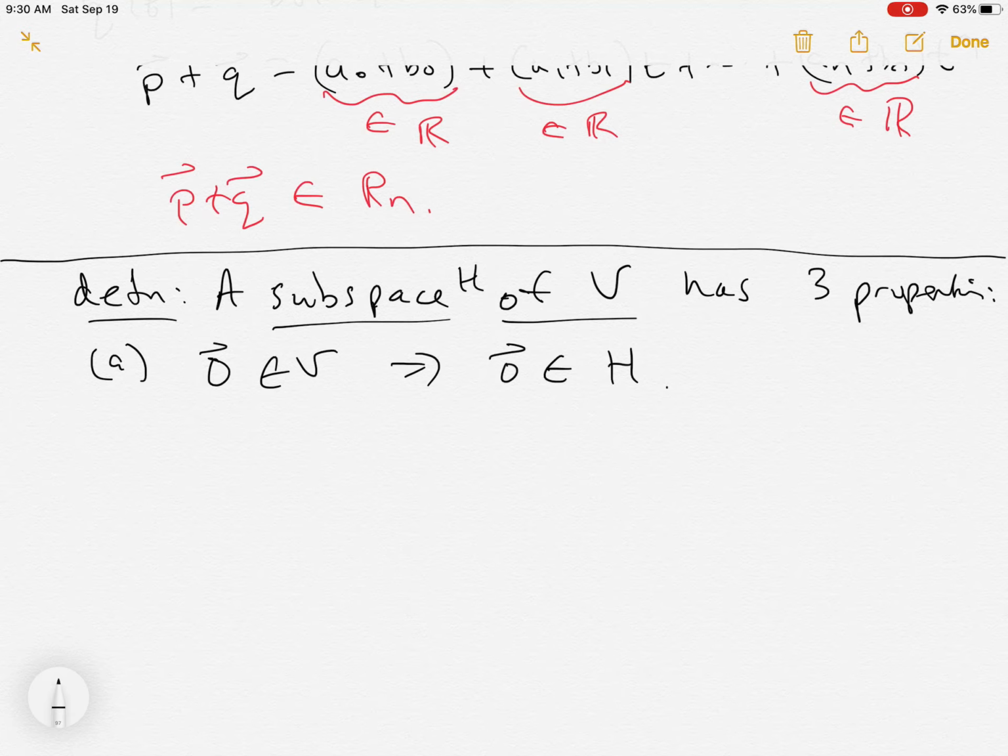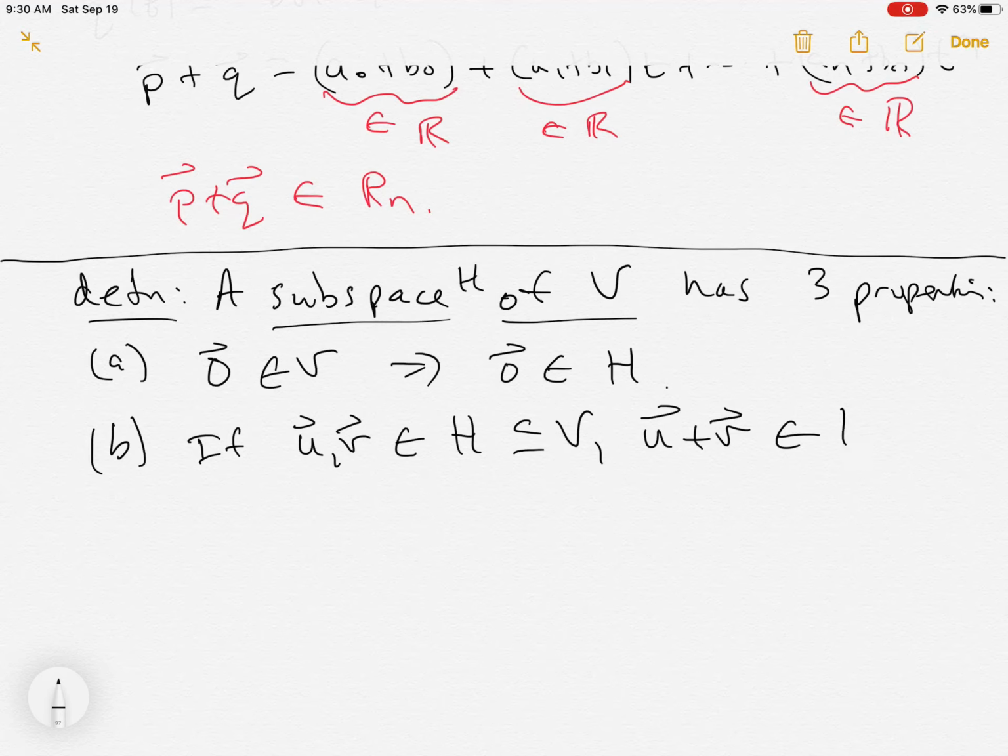So 0 must be in the subspace. B, must have closure in H, not just in V. You automatically have closure in V, but for a subspace you need to show you have closure in H. So if U and V are vectors of H, which is a subset of V, then U plus V must also be in H. So it has to be closed under addition, and C, it's closed under multiplication by scalars.